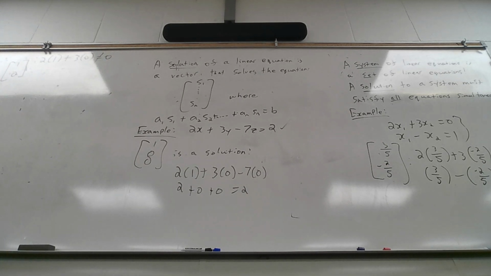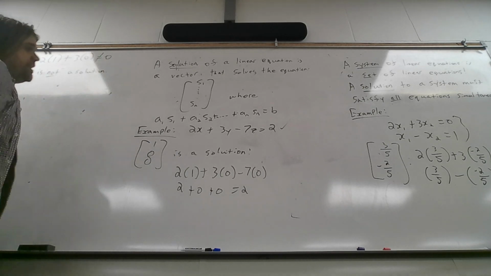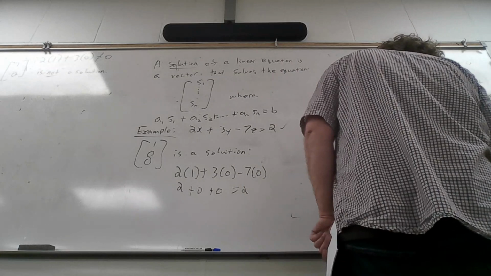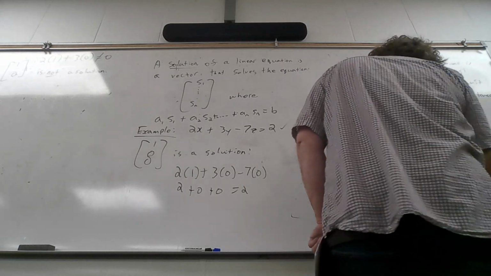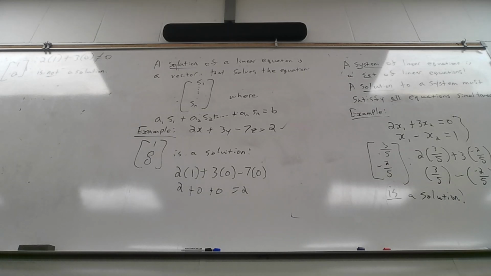Right? We don't even care at this point what happens to the second equation because this is not a solution. Whereas this is a solution. Right, so solutions are exactly what you would expect them to be. You can just plug them into all the equations and they work out.